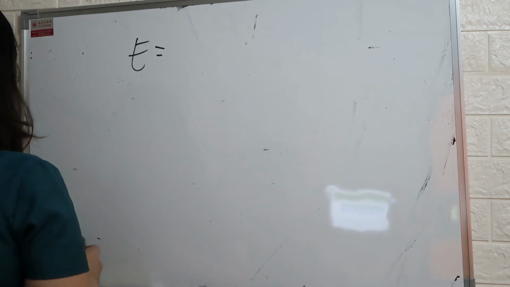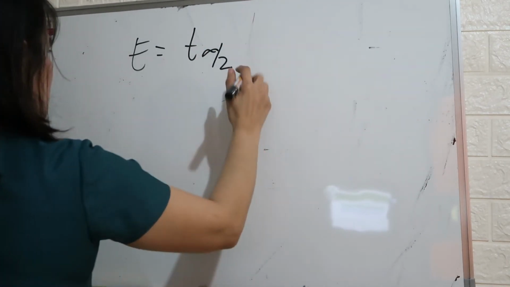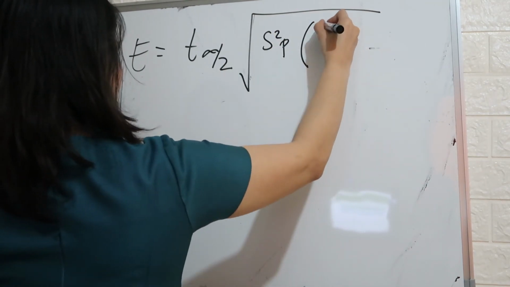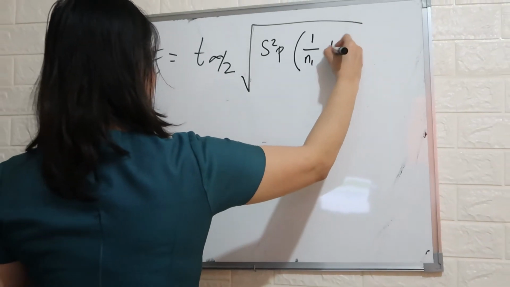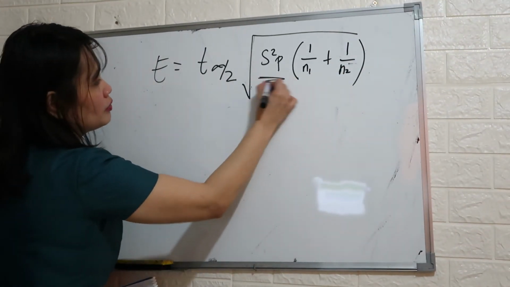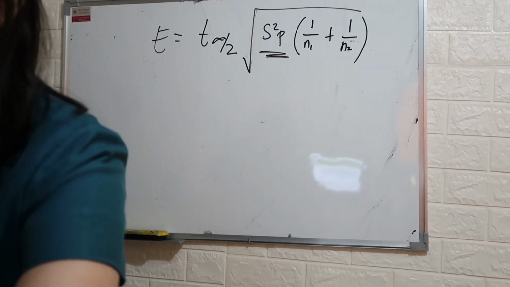That is equal to T alpha over 2 multiplied by the square root of S squared P multiplied by 1 over n sub 1 plus 1 over n sub 2. Okay? But the question is, Miss, how do you solve S squared P?